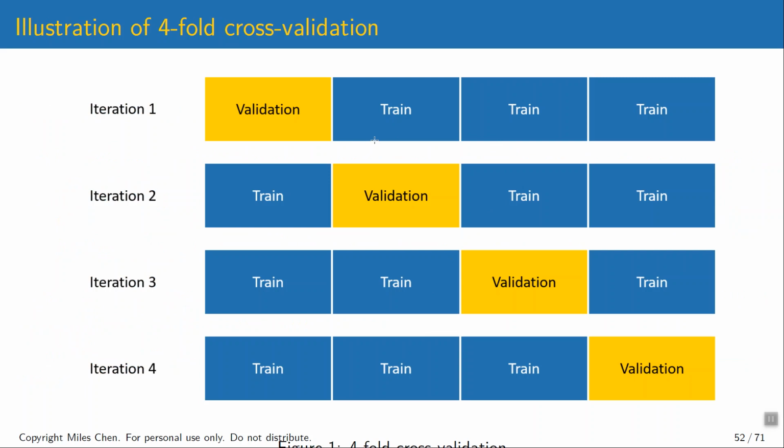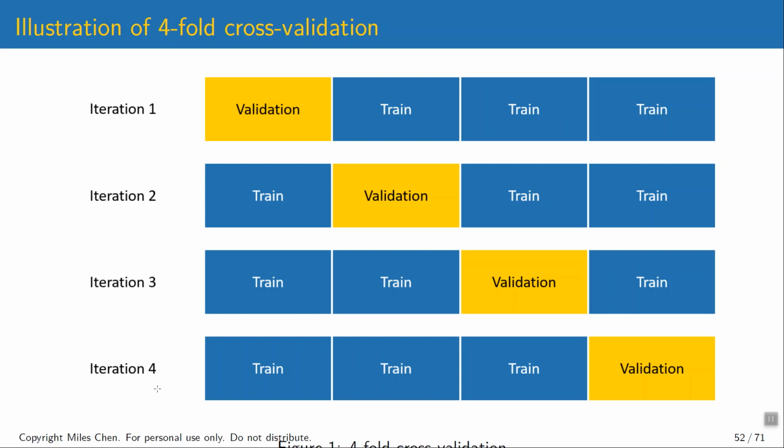So if we did 4-fold cross-validation, we would take all of our observations, split them into 4 approximately equal sizes, and you would have the remaining 3 serve as the training data, and then you would validate it against this block. Okay, and you would go through and you would do this for each of the blocks that you've produced.